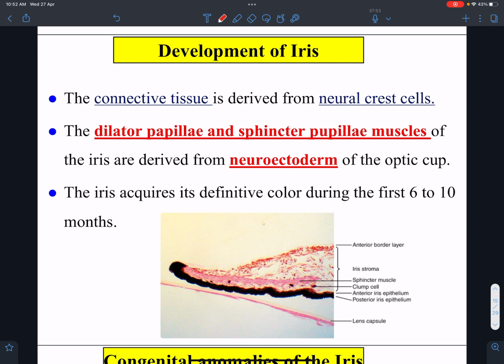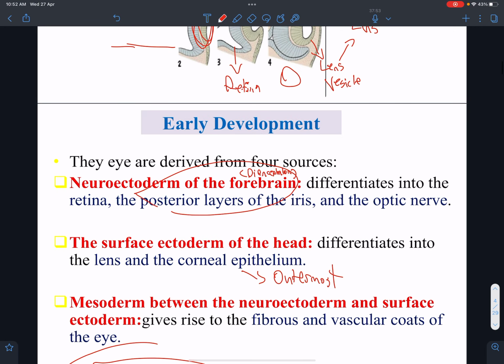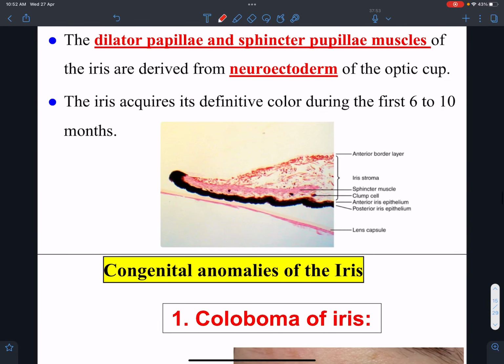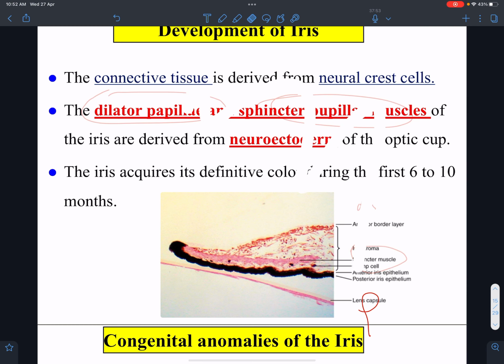And what it meant by posterior layers of the iris, when you looked at that slide previously, is that the iris has an anterior layer and a posterior layer. The layers on the posterior end are the muscles themselves, that's what it means by the posterior layers. Okay, so the dilator pupillae and sphincter pupillae come from where? From the neuroectoderm of the forebrain, or the optic, whichever you prefer. The important thing is that it's the neuroectoderm. Okay, that's the development of the iris.